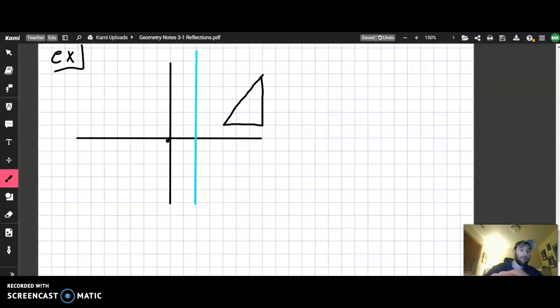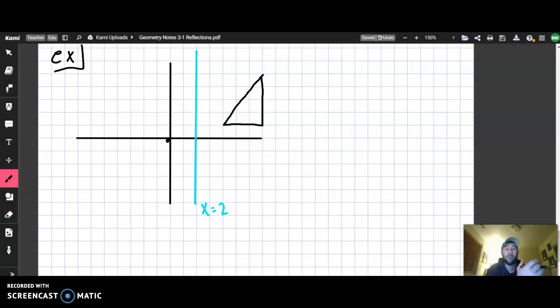So let's reflect it over that line there. First, what is that line? We know it's a vertical line. If it's a vertical line, it has as many y values as we can think of, which means it has to be an x equals line. And because there's only one x value that's true here, x is equal to 2. So we're reflecting it over the x equals 2 line.